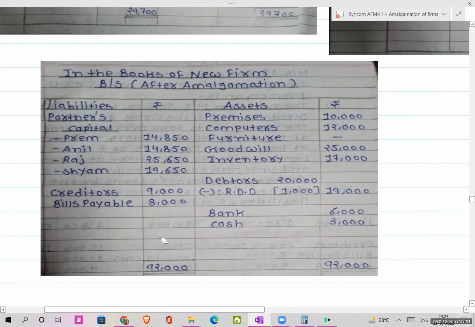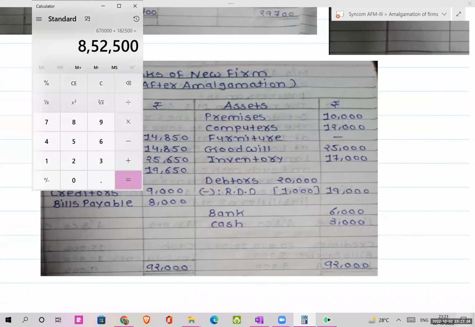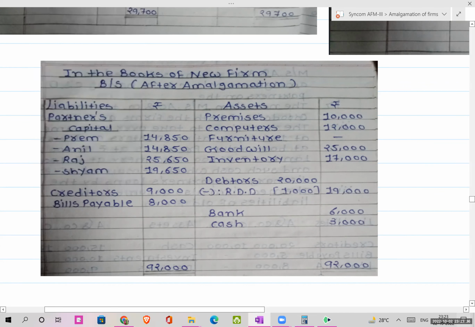Okay, answer will not change obviously. So that's 10 plus 12 plus 25 plus 17 plus 19 plus 9,000, 92,000, and the other side also you should get the same: 14,850 plus 14,850 plus 25,650 plus 19,650 plus 9 plus 8 is 17,000. Obviously this has to tally.